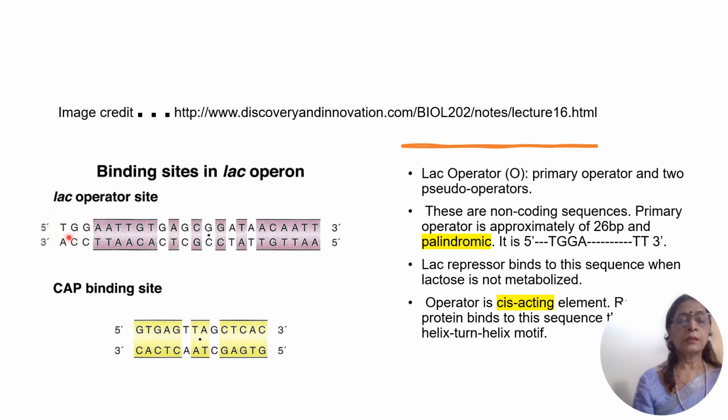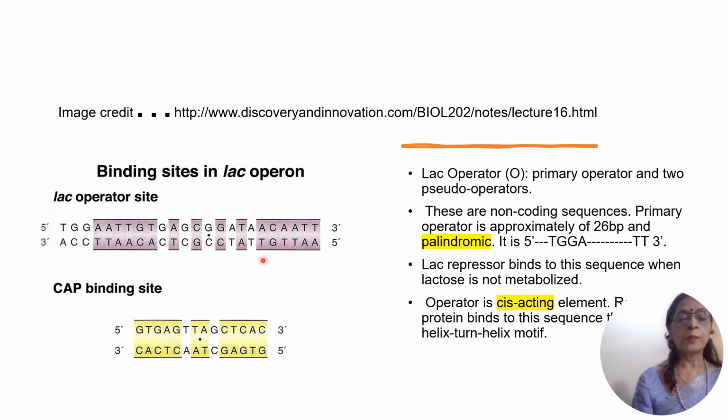These are the sequences of the lac operator site and CAP binding site. CAP binding site is upstream to the lac operator site. The lac operator, this is the primary lac operator, is a palindromic sequence, and the length is 26 base pairs.